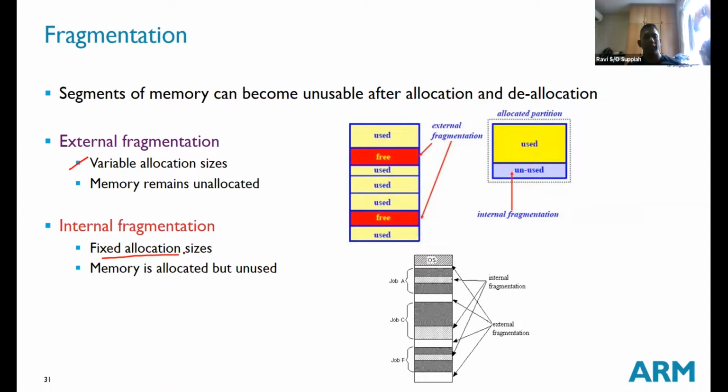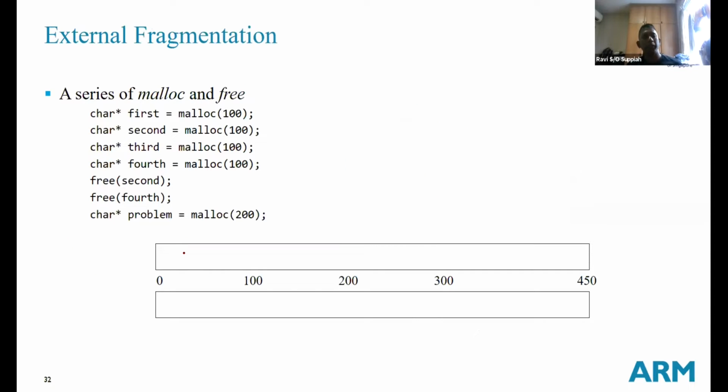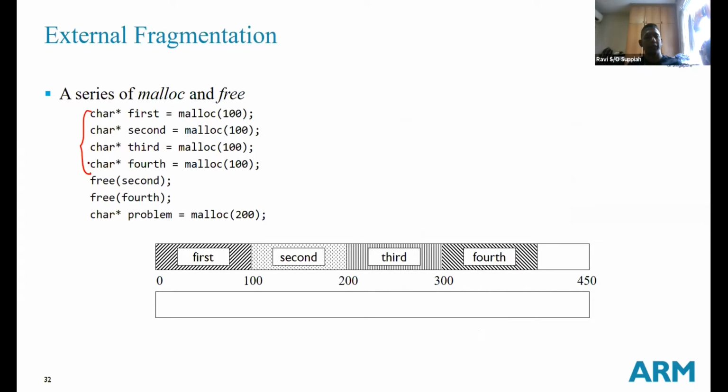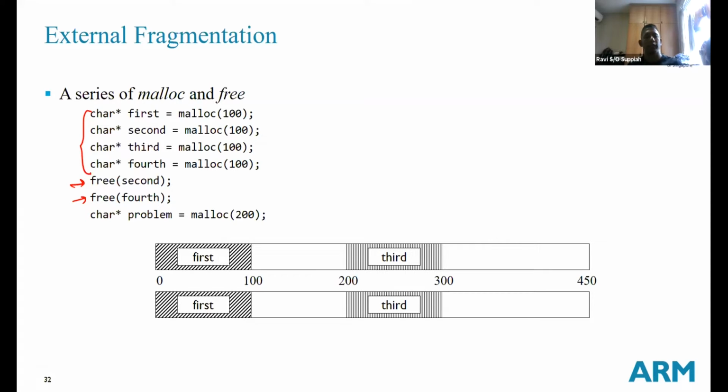So let's look at this example. In external fragmentation, if I look at these four statements here, I'm allocating 4 chunks of memory, correct? Then I do a free for the second and fourth. So the second and fourth become free, and then I try to do an allocation of 200 units over here.